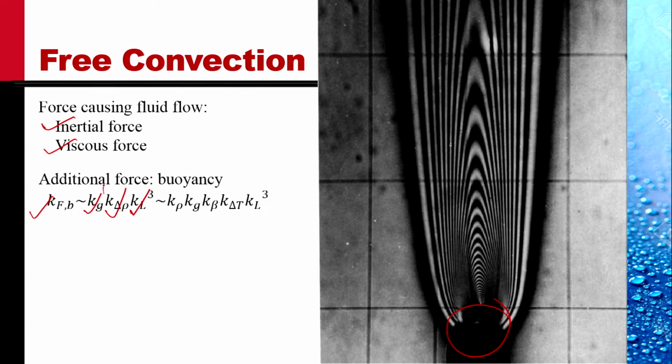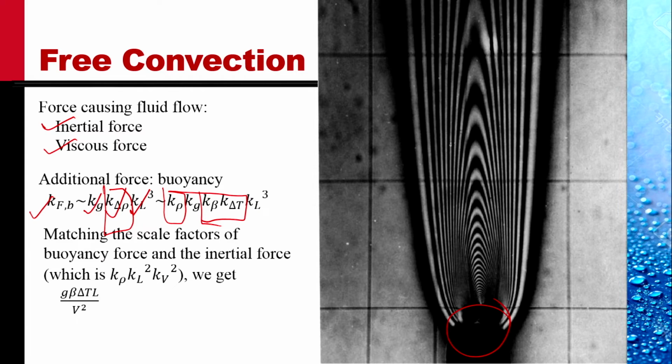Now, K delta rho can be written as K rho times K beta times K delta T, where beta is the thermal expansion coefficient of a liquid. Beta is how does the density change with temperature.